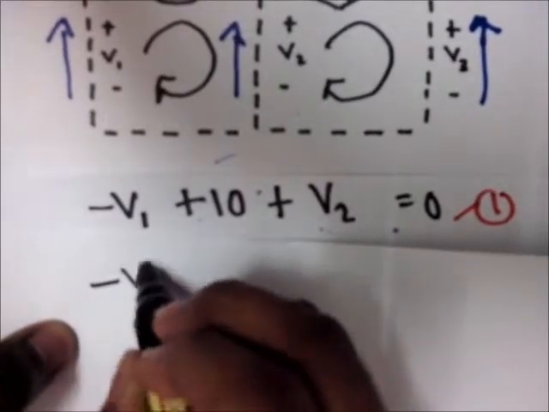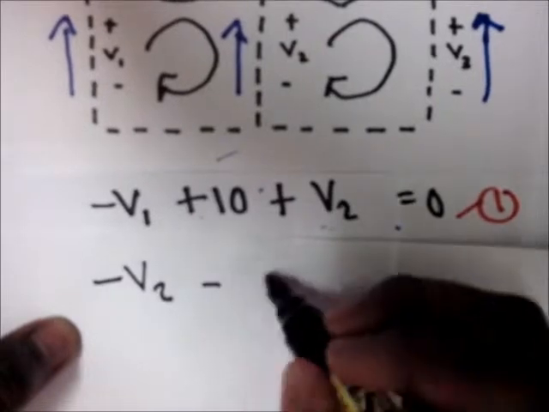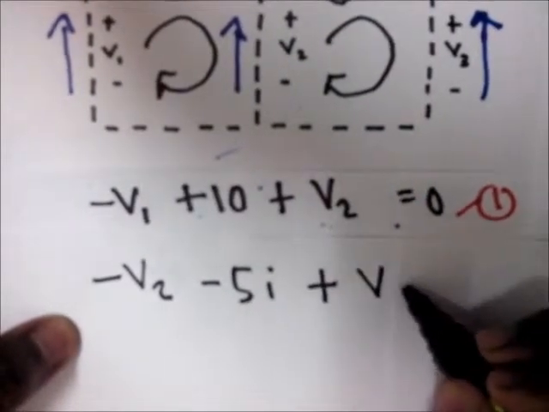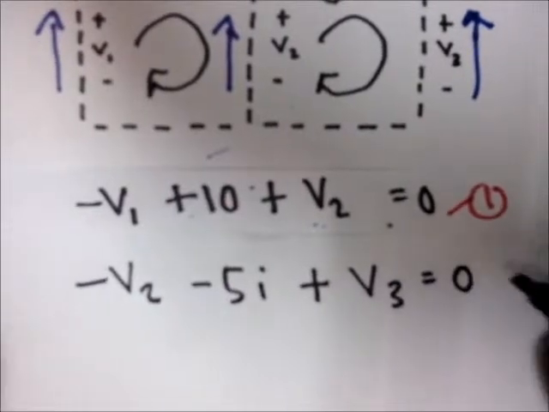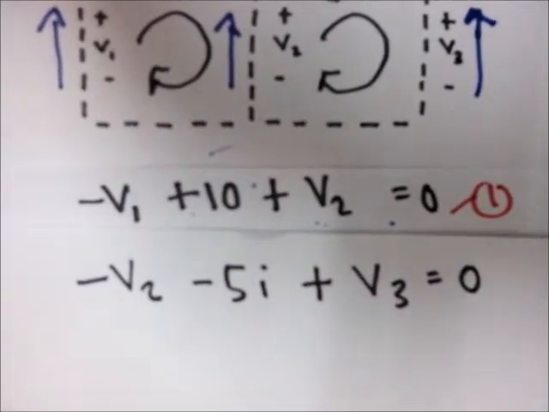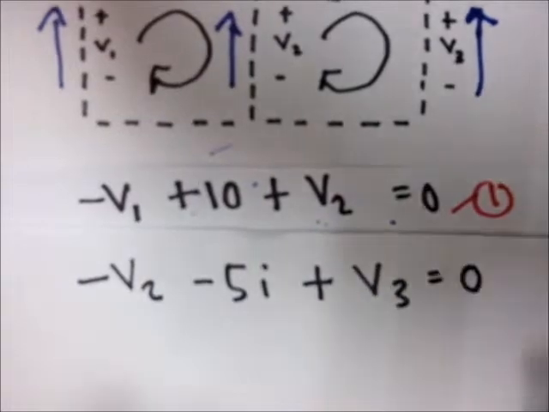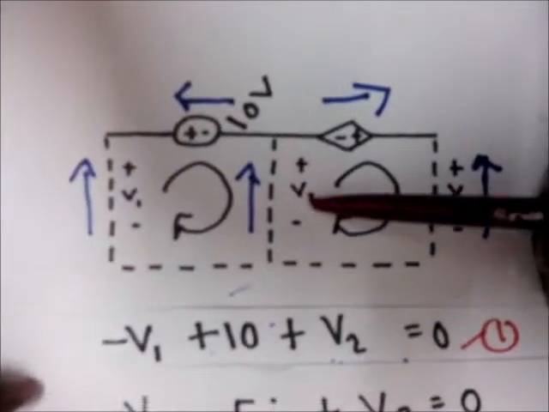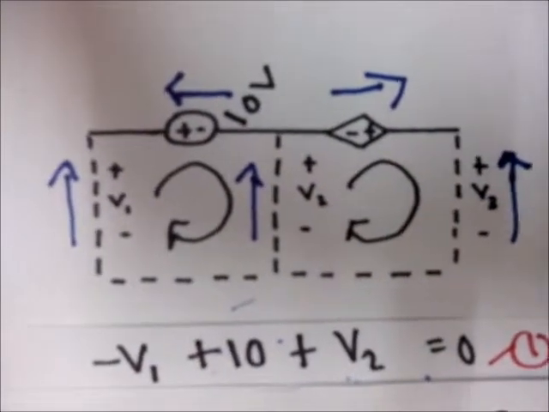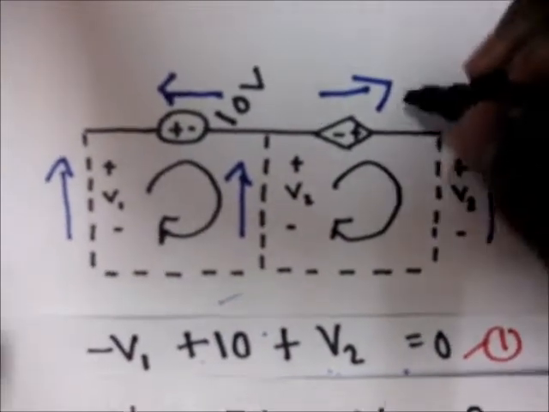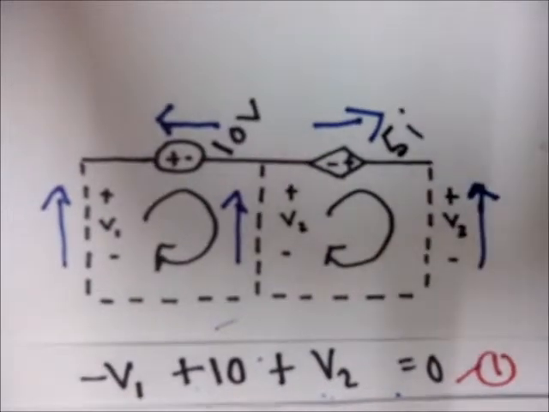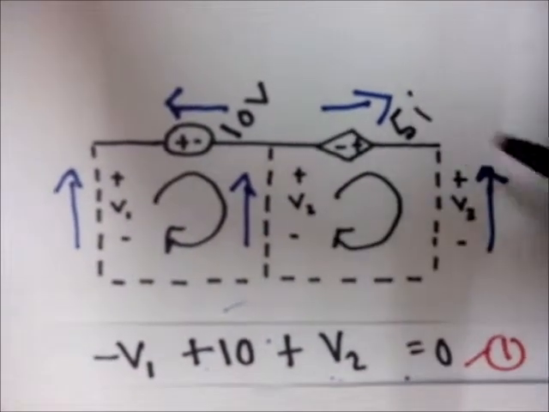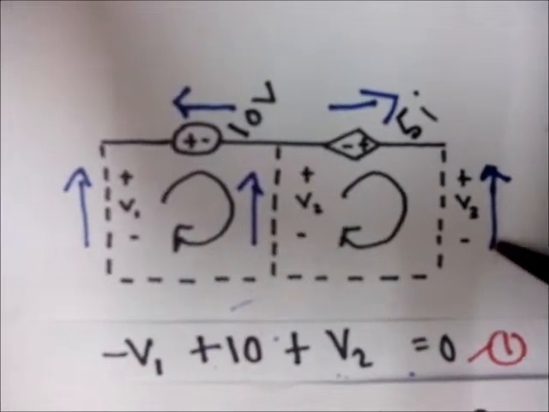The second equation: negative V2 negative 5i positive V3. This equation is formed the same way, where the direction of V2 and 5i are the same and V3 is in the opposite direction.